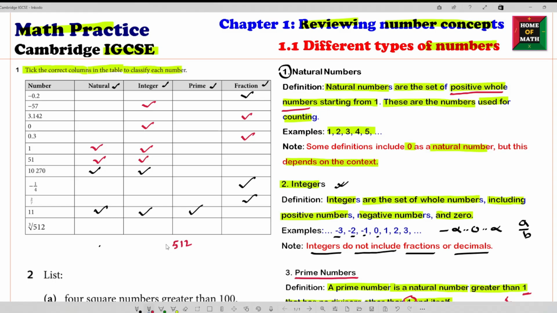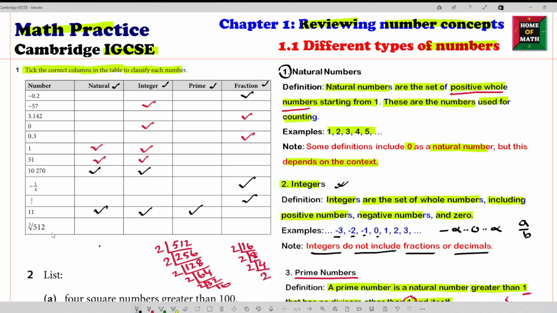Once we divide 512 by 2, we get 256. Then divide by 2, 128, divide by 2, 64, divide by 2, 32, divide by 2, 16. 16 divided by 2 is 8, again divided by 2 is 4, again divided by 2 is 2.